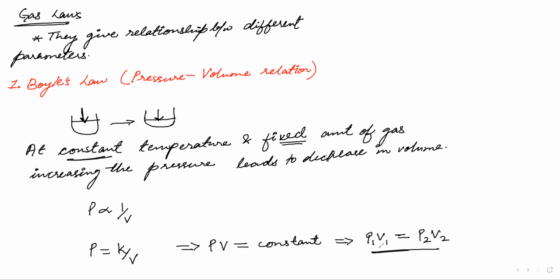Here P1 and V1 are the pressure and volume. Then the pressure increased, volume decreased to V2, but the product will always remain constant. So this is the gas law, this is Boyle's law. Write it down, then we will look at the graph.